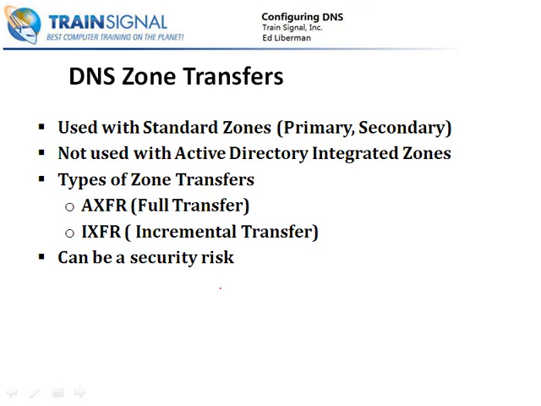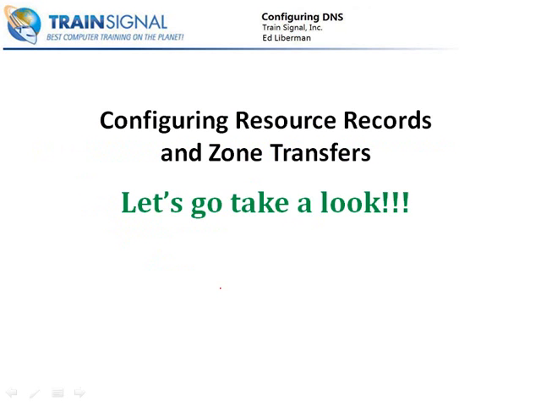Well, that's a problem, and we have that secured much more within Active Directory integration. So let's take a look at not just some resource records, but specifically at these zone transfers, how we set them up, and how we can secure them.